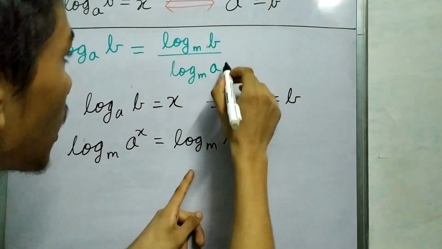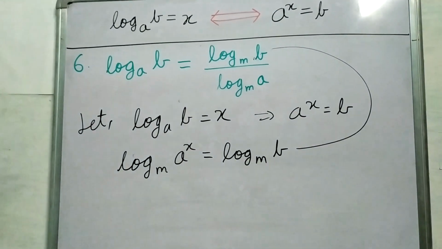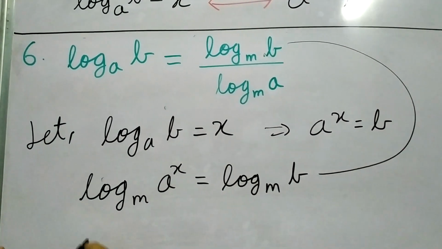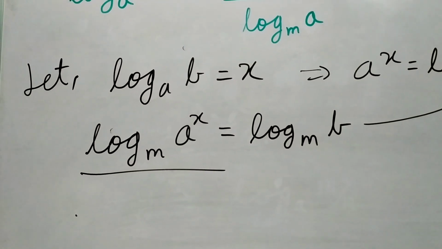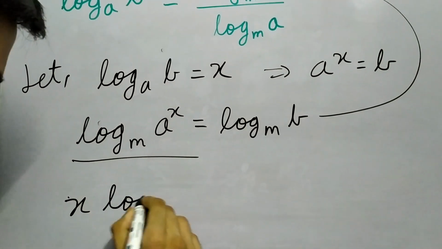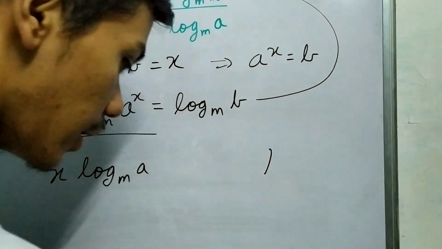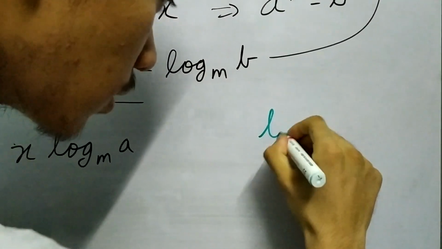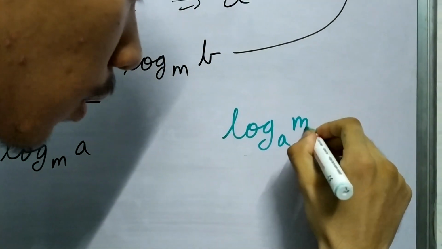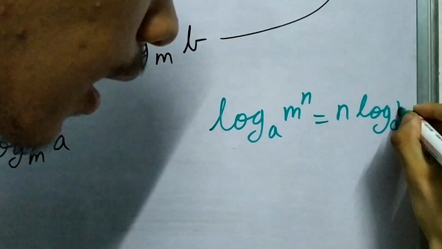Okay, now we are starting to see some similarities. Let's proceed. Now what is this part? This part is nothing but x log base m of a. We have studied this result earlier in this form: log base m of a to the n is nothing but n log base m of a.